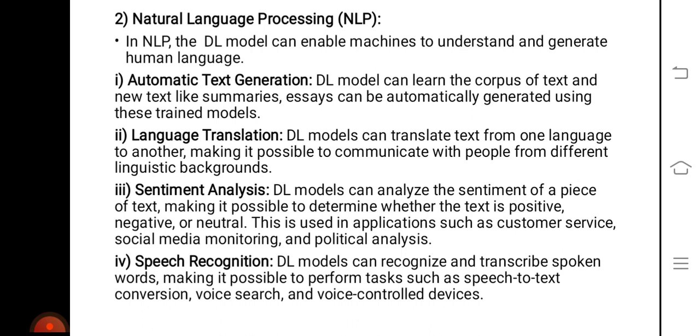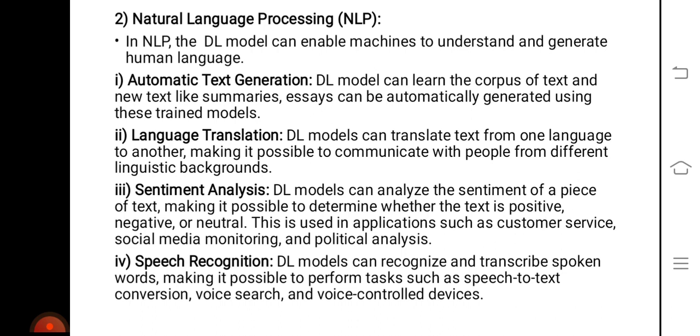An NLP application is ChatGPT. ChatGPT generates text automatically based on the previously predicted data. Sentiment analysis means, for example, there are so many YouTube comments.